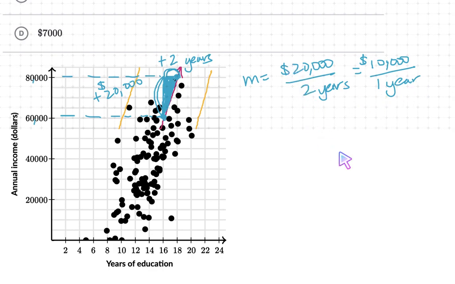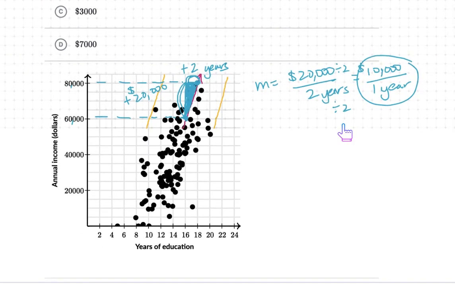Okay, because it's like we divide it and it's going to be 1 year because both the top and the bottom are divided by 2. All right, so this is our slope, about $10,000 a year.